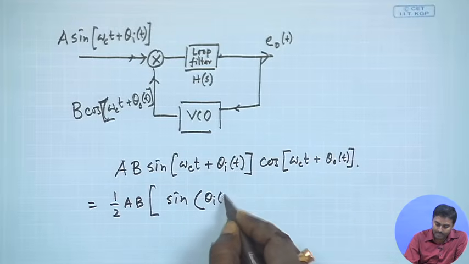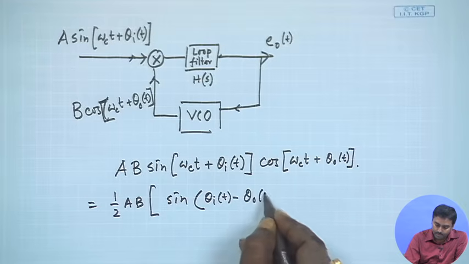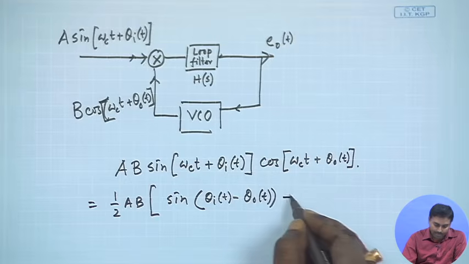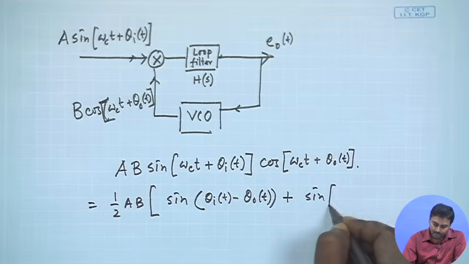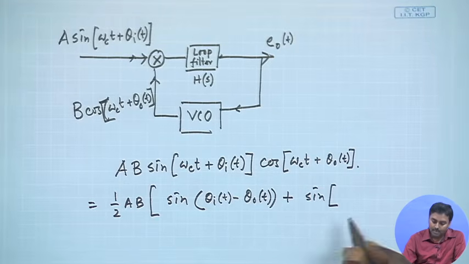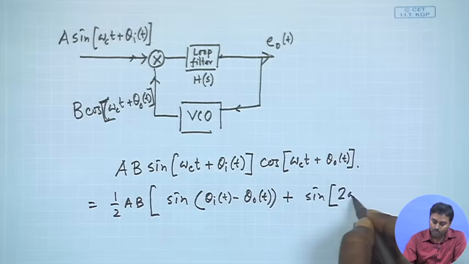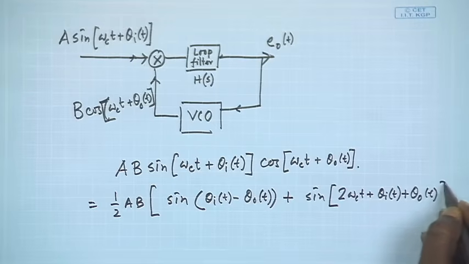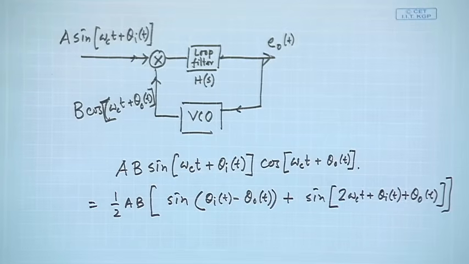I will get theta I t minus theta o t, and then plus sin of this plus this, that is 2 omega c t plus theta I t plus theta o t. I will have these two terms.